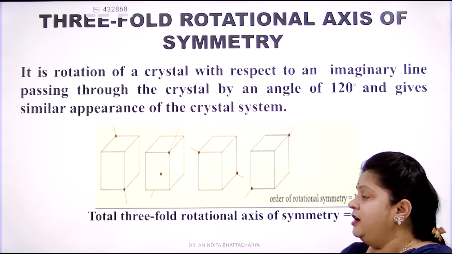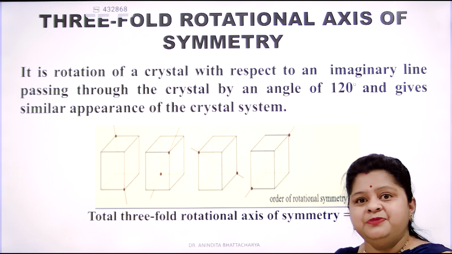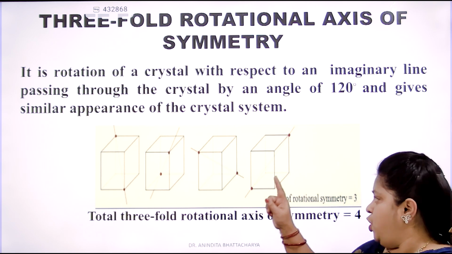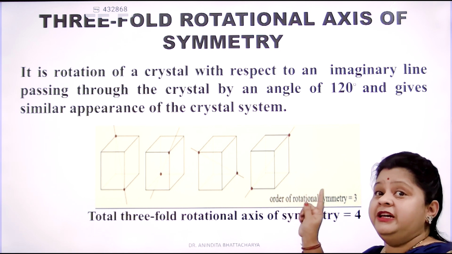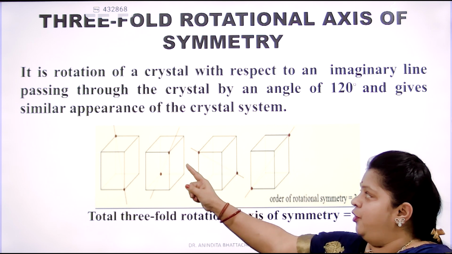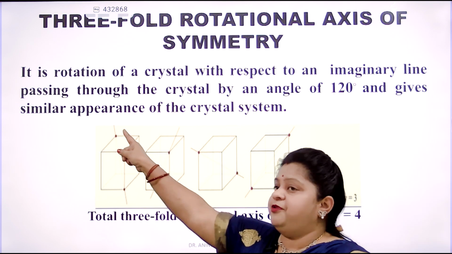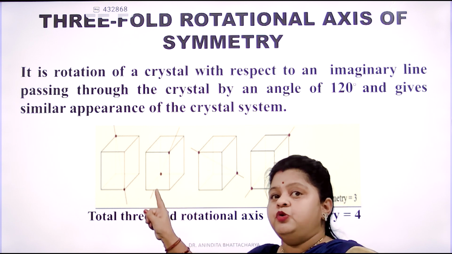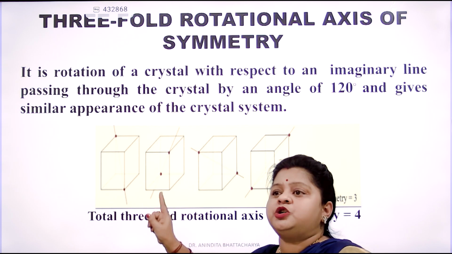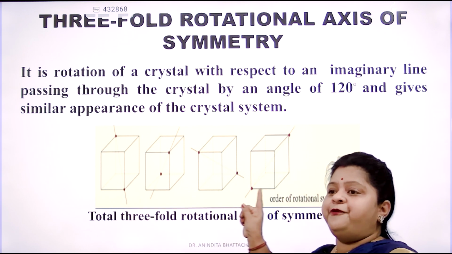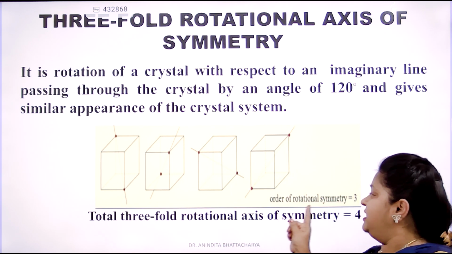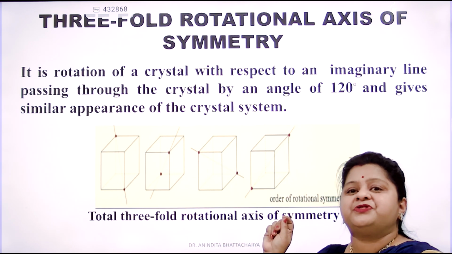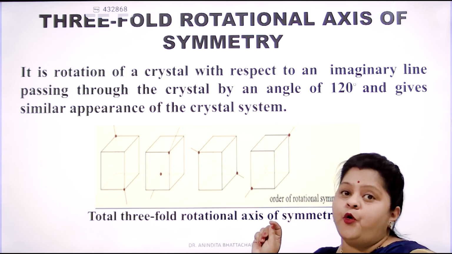So, it will move how many times? 3 times. Order of rotational symmetry will be 3. But what are the axes? Now, we are taking from the ends, from 2 opposite corners. We have 4. So, the total 3-fold rotational axes of symmetry is 4.